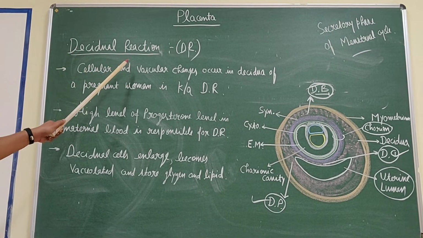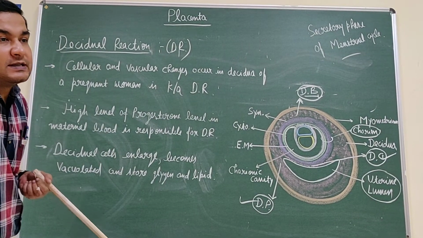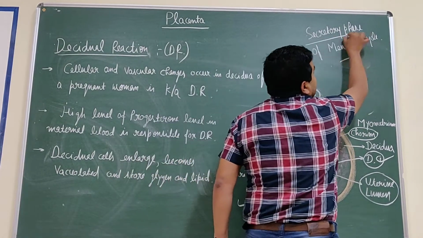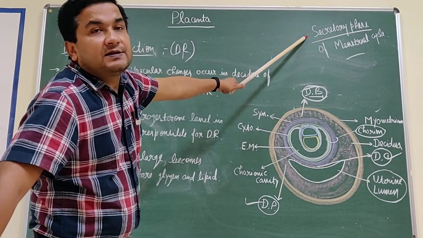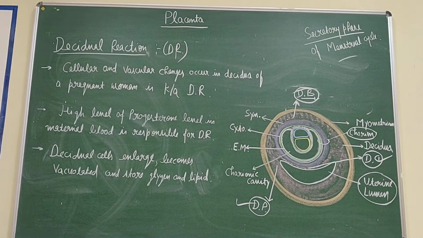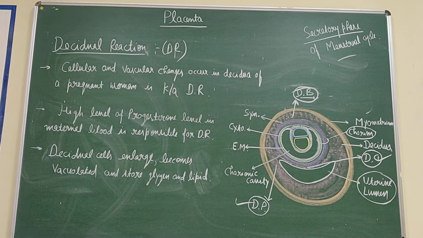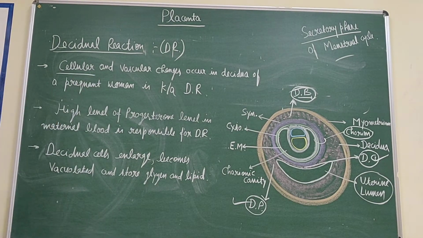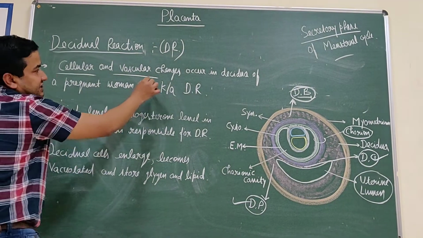Now it is the decidual reaction. As we know, when the morula enters the uterine cavity, the uterine endometrium is in the secretory phase, following the proliferative phase. As implantation occurs, this secretory phase is maintained and intensified, as a result of which the cells and vessels of the endometrium undergo modification.